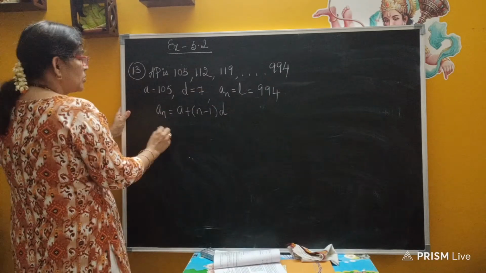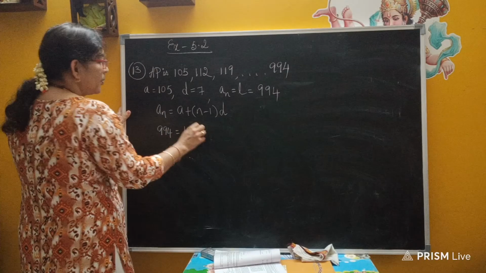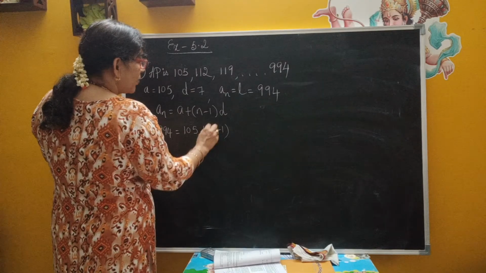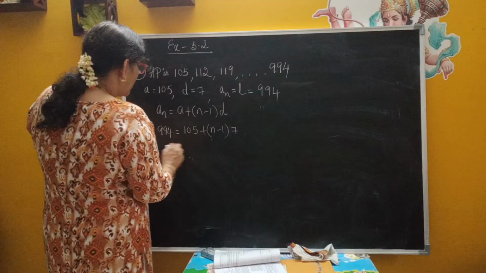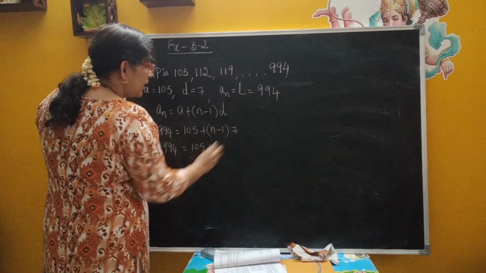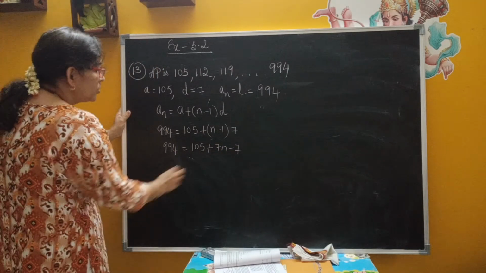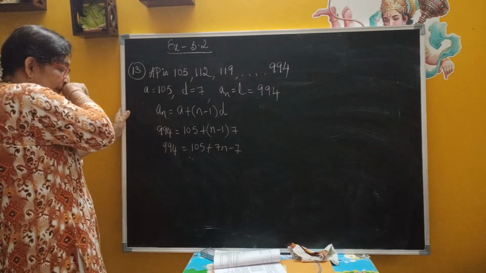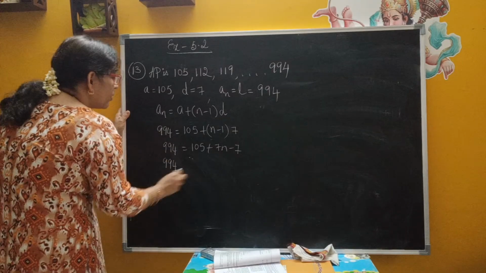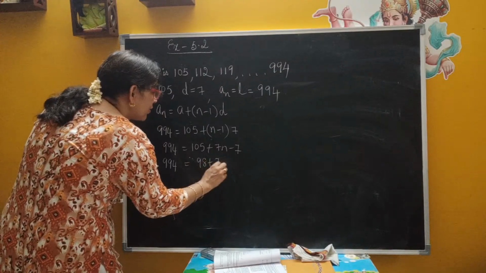Substitute all these values. 994 is equal to 105 plus n minus 1 into 7, so 7n minus 7. So 105 minus 7, how much do we get? We get 98. Okay, so 994 is equal to 98 plus 7n.